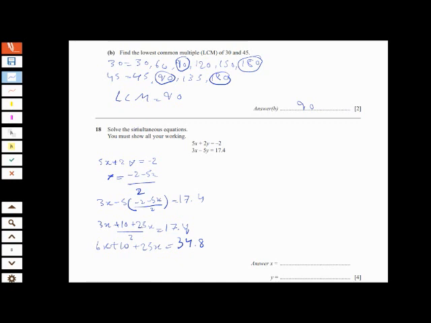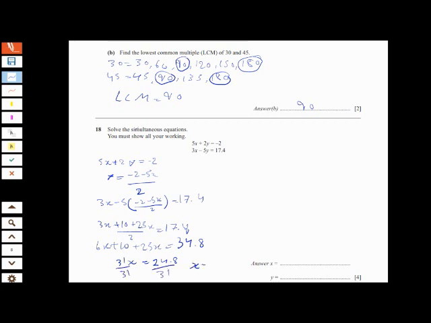Alright, then just find x. Take 10 to the other side. 6 plus 25, that's 31x equals 24.8. Divide by 31, divide by 31.